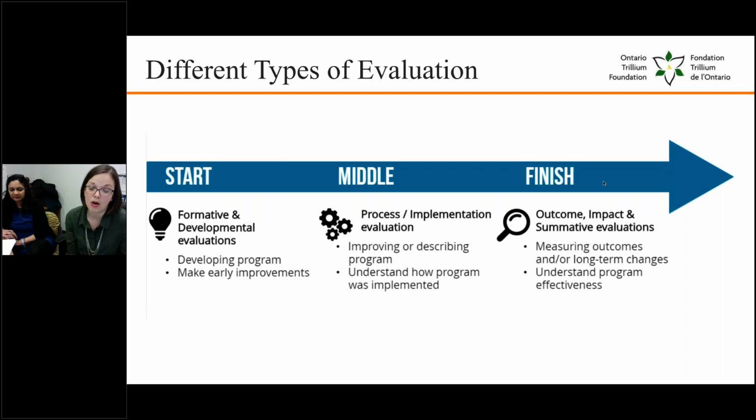And now a lot of funders, including the Ontario Trillium Foundation, have more of an outcomes-based approach, and so it is often really important to look at how do we know what we're doing is being effective, how can we report on outcomes, so outcome evaluations can be a really important tool.